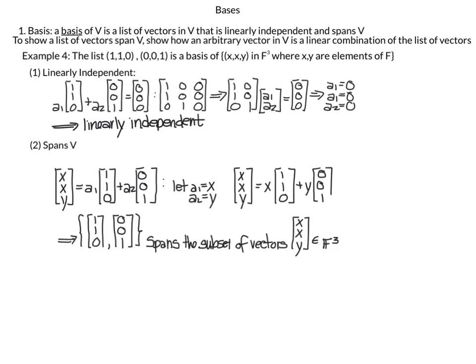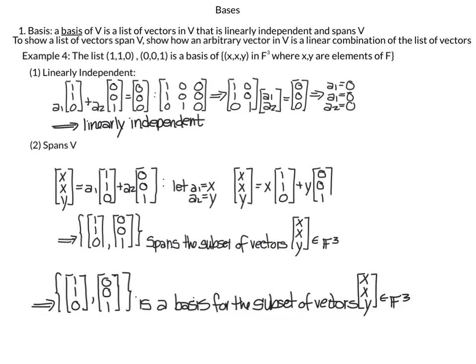Which means (1, 1, 0) and (0, 0, 1) span the subset of vectors of the form (x, x, y) in F3. And finally, because (1, 1, 0) and (0, 0, 1) are both linearly independent and span this space, it's a basis for the subset of vectors (x, x, y) in F3.